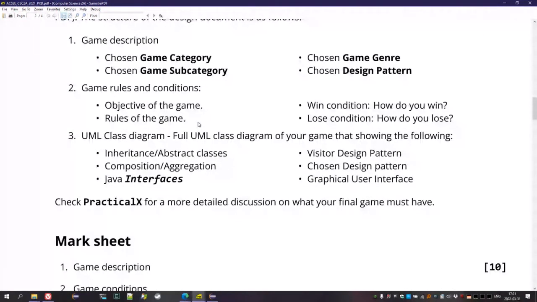Then the last part, you're looking at the UML class diagram as a whole. You need to design the system. In part of designing the system, you need to identify what the class diagram is going to look like. What classes are there going to be? Are there classes for the player? Are there classes for enemies or different enemy types?